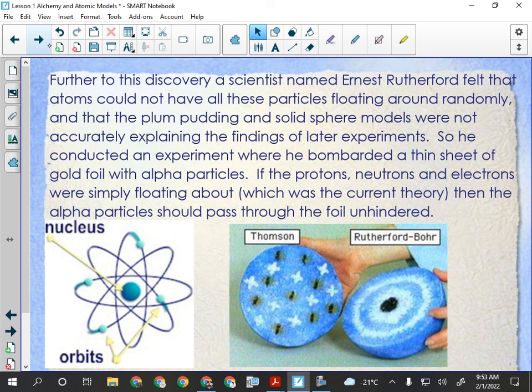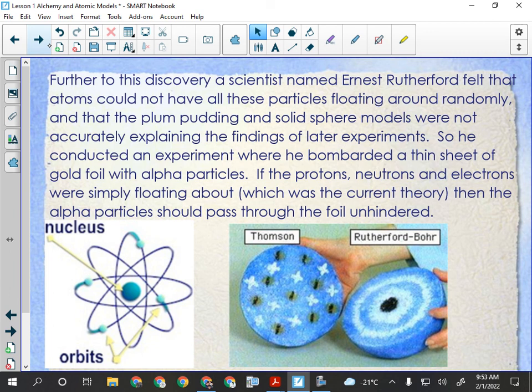So he conducted an experiment where he had a sheet of gold foil, really, really thin. So imagine like tin foil from home, okay? But it's made out of pure gold, right? And it's super thin, so it's like a Kleenex. Okay, so you have this really, really thin piece of gold foil. It would have only been a few atoms thick, so it would have been really, really fine.